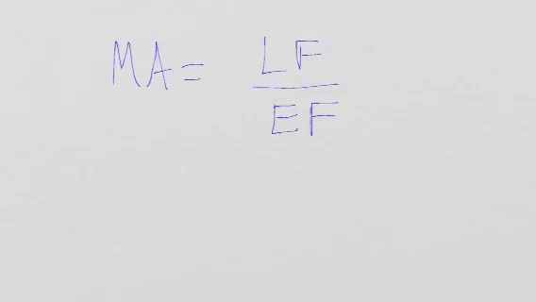Because the load, we know that the load is the object you're dealing with. So in the case of my example of my class 1 lever over there with my bar, okay, my fulcrum, and it's got my little mass here, right? That mass is made up of a certain amount of atoms.